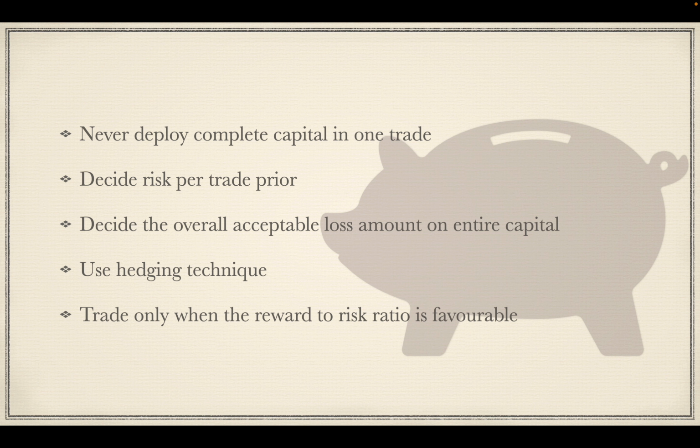Whatever hedging technique you are choosing, you have to study that properly and deploy it. Then trade only when the reward to risk ratio is favorable. The ideal risk to reward ratio is 1 is to 3. That means 1 risk and 3 reward. If your entry setup is meeting that criteria, then only take the trade, otherwise don't take that trade.